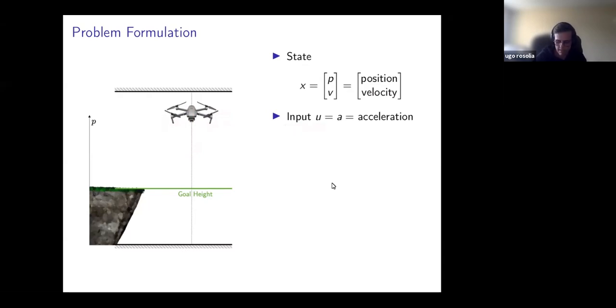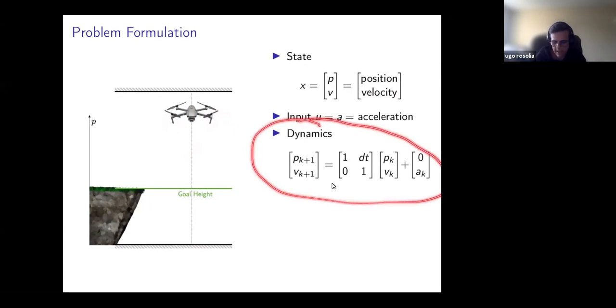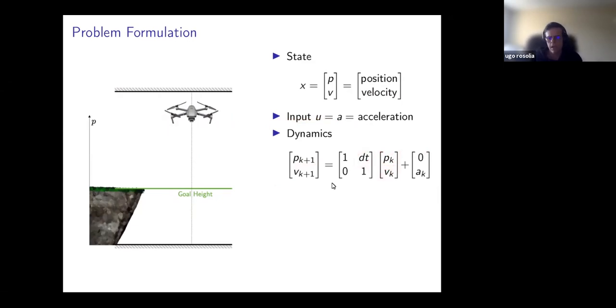And in this simple example, we assume that the system evolves following a discrete time linear system, where the position at the next time step k+1 equals the position at the current time step plus the velocity multiplied by a coefficient. And so in this example, we have some inertia because we cannot immediately control the position of the drone. We can affect only the velocity, again, giving a specific acceleration command.